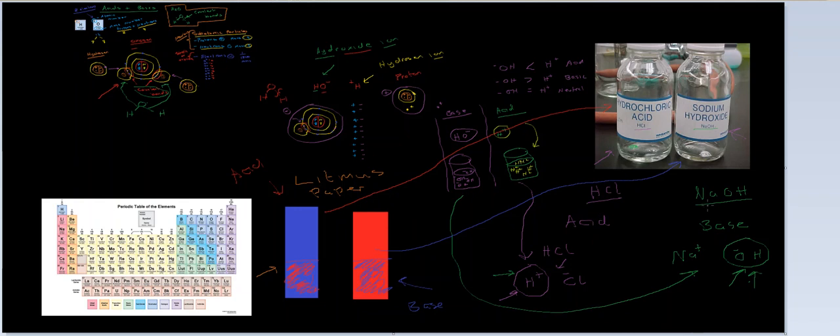An example of a base is sodium hydroxide, or NaOH. When you put hydrochloric acid into solution, it generates loads of these positively charged ions, which makes it acidic. When you put a base into solution, it generates loads of these OH minus ions, which makes the solution basic.